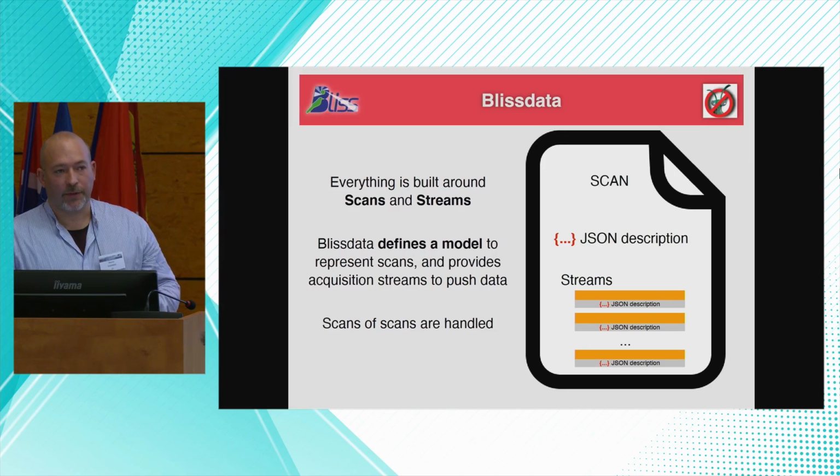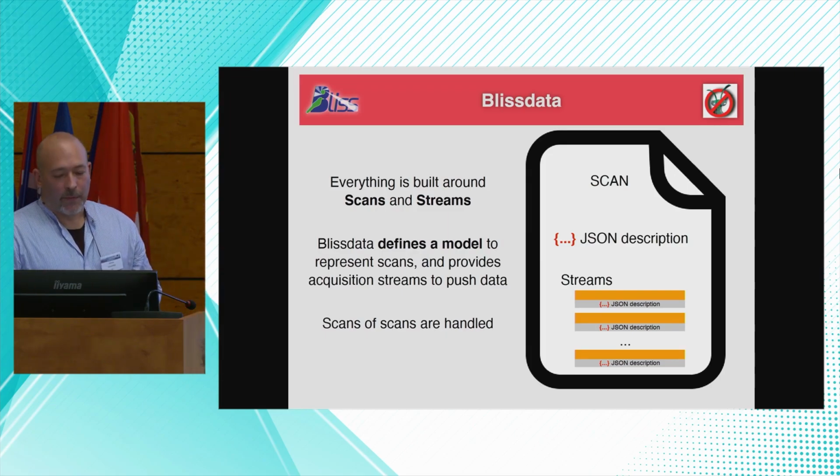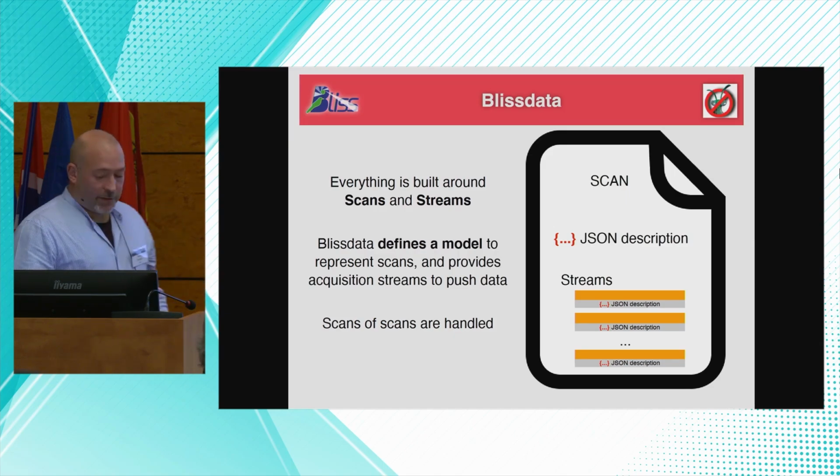Bliss data defines a model to represent scans and provides the acquisition streams to push data. In fact, it's on top of Redis streams, but it provides much more features and makes it very suitable for data access in our context. And it also handles scans of scans.